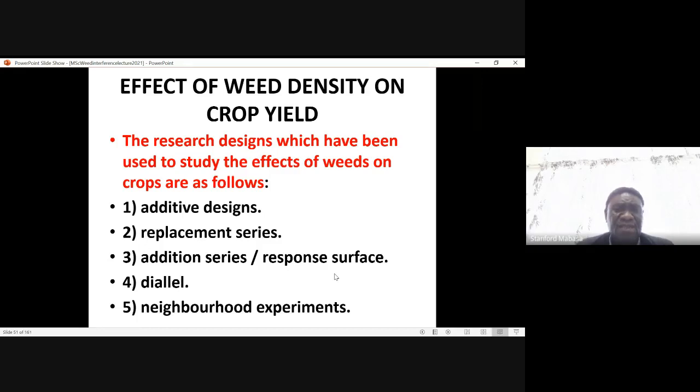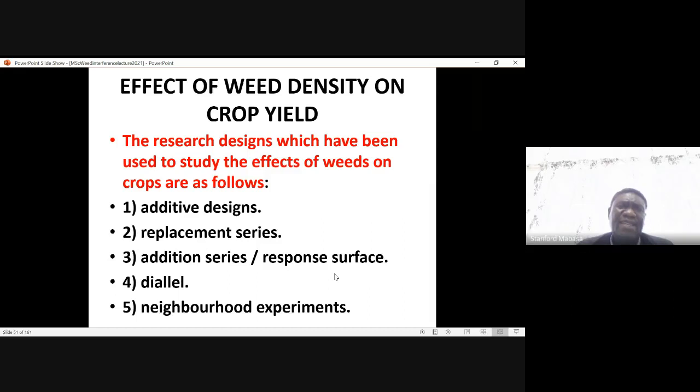Number 3, the addition series or response surface. Number 4, the dial. And 5, the neighborhood experiments. All these 5 approaches deal with weed density.